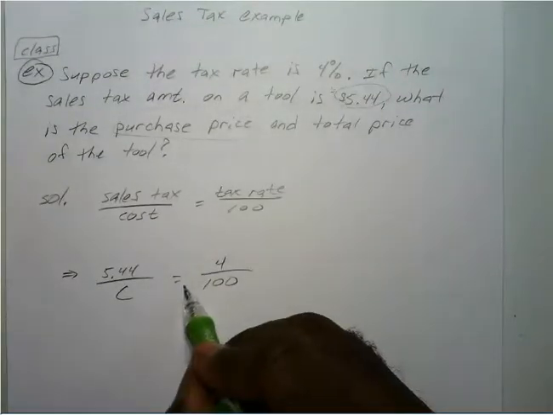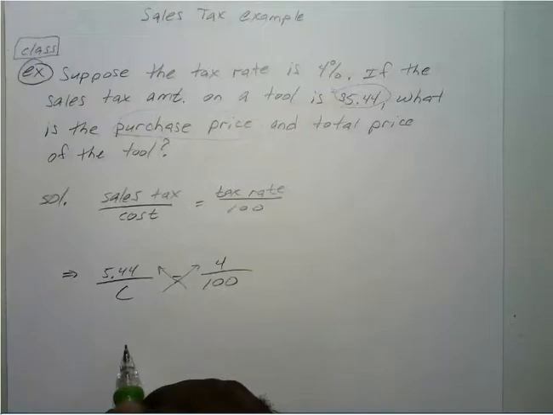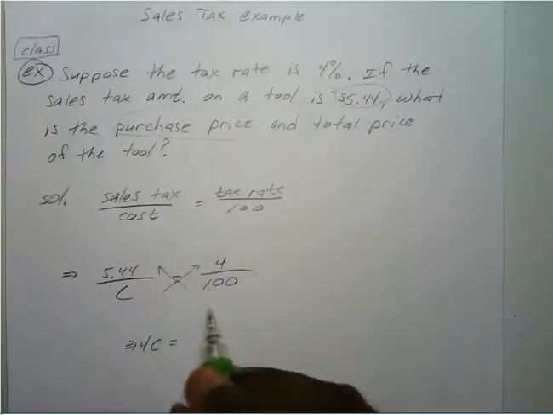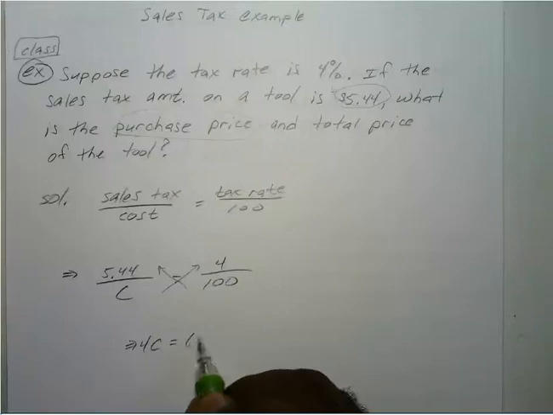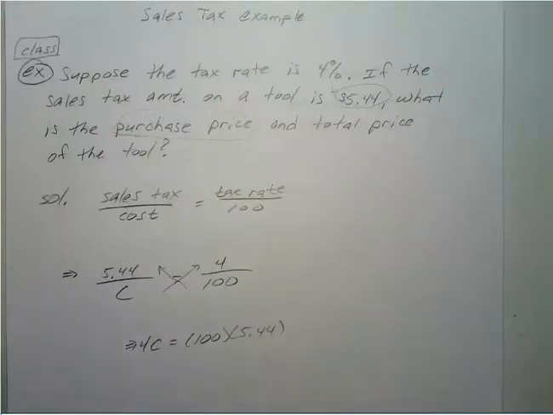All right, so we go ahead and cross multiply. So we have 4 times C is equal to 100 times $5.44. 100 times $5.44 is just 544. So 4C equals 544.